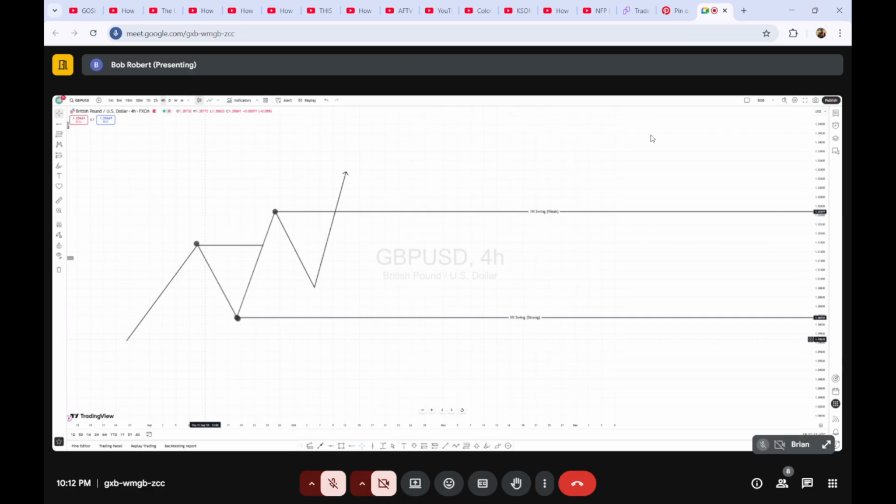Now, steps to taking an entry in markets. You can note them down. Number one, you have to understand the overall market structure.